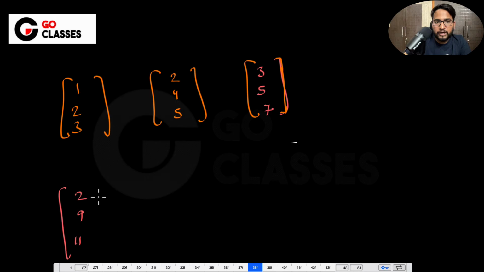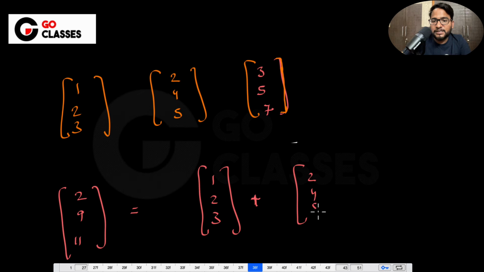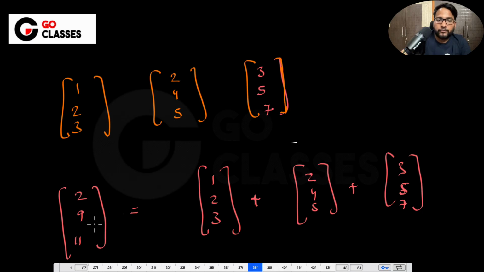If you ask me, can you represent this vector as a linear combination of these three vectors, which means something into 1 2 3 plus something into 2 4 5 plus something into 3 5 7, can you get this vector 2 9 11?